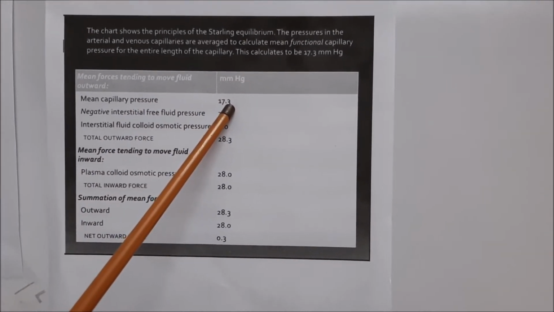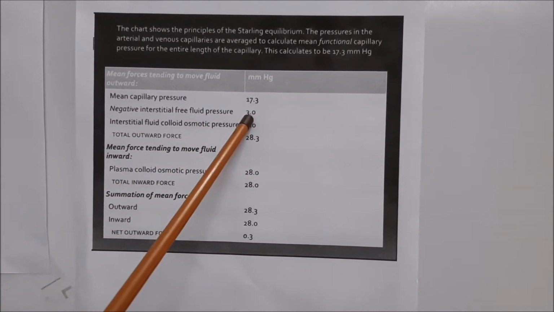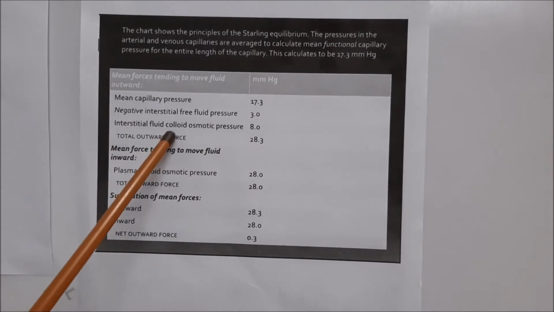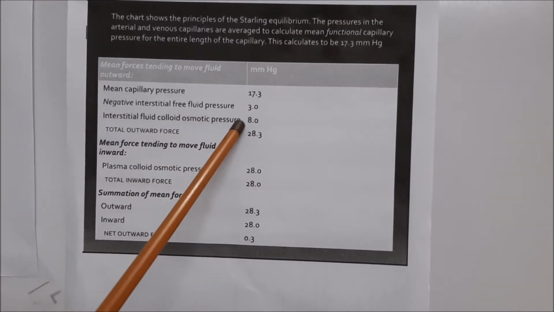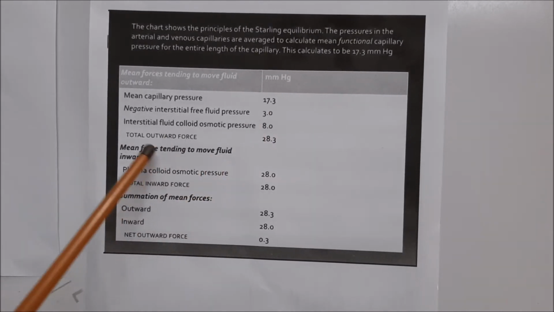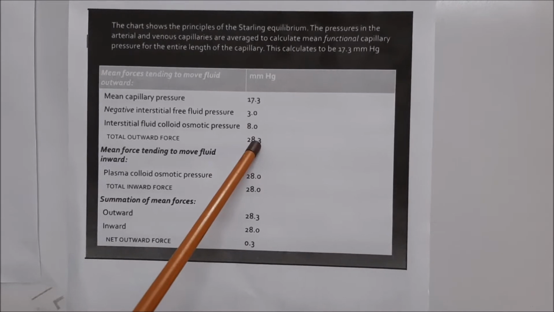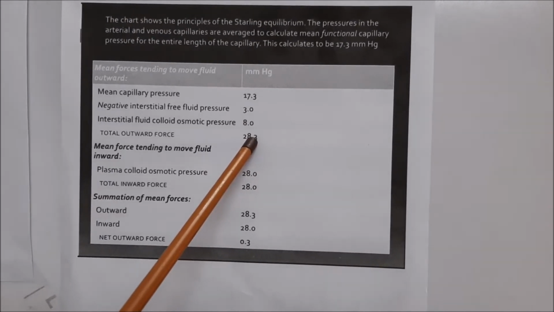Then the other two pressures are the same. One is negative interstitial fluid pressure, 3 millimeter of mercury. Another is interstitial fluid colloid osmotic pressure, 28 millimeter of mercury. The total summation is 28.3 millimeter of mercury. This is the outward force.